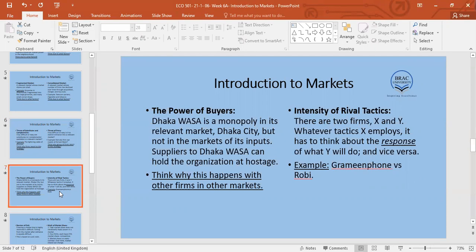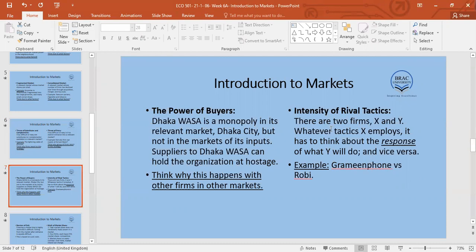For example, it buys pumps, and many other firms also buy pumps. It hires engineers, and many other firms also hire engineers. It hires other staff like accountants, MLSSs, etc. Other firms also hire these people. So Dhaka Wasa may be a monopoly in its relevant market as a seller, but it is not a monopsonist, a single buyer, and does not have buying power in the factor market. So this is another issue that we want to look at. Think about why this happens with other firms in other markets.